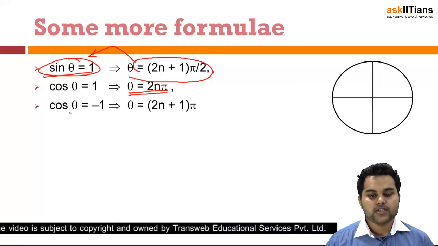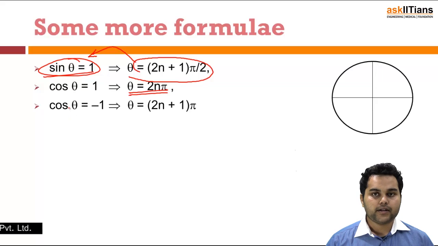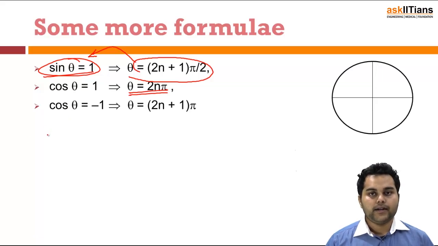If I say cos theta is equal to minus 1, then cos theta is equal to minus 1 only at theta is equal to pi in the first circle, and in the coming circles it would be 3 pi, 5 pi, 7 pi and so on. So odd multiples of pi would be there, which can be represented as theta is equal to (2n plus 1) pi.